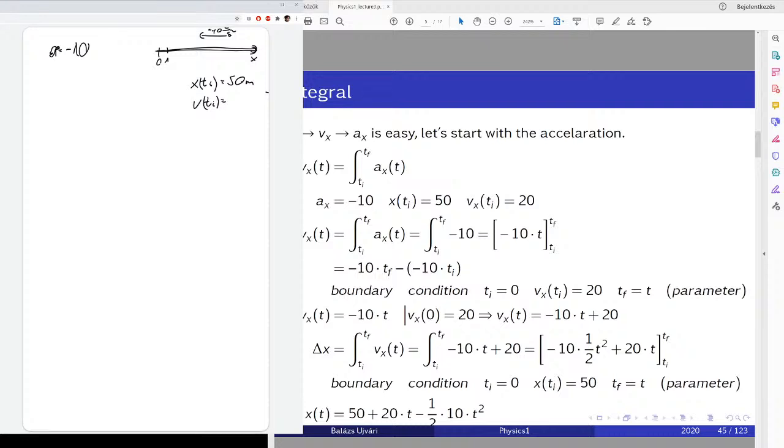That means I'm somewhere here at 50 meters. This is my acceleration, but my velocity is also positive, so I move in the positive direction of the x-axis, but the acceleration is on the opposite side, which means I will slow down. So this is my v equal 20 meters per second.